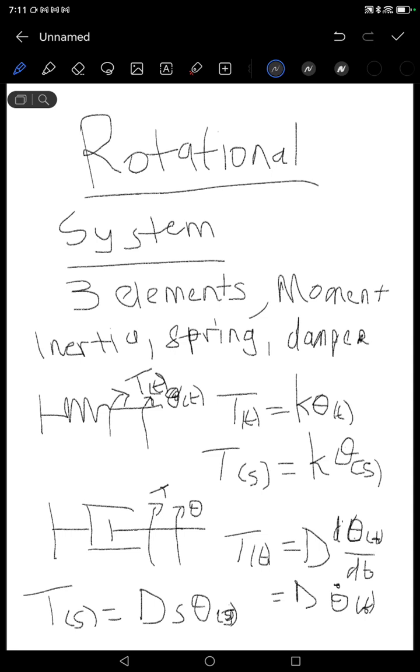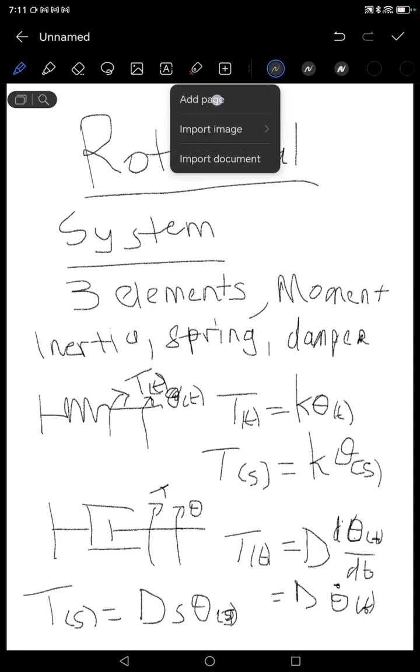Okay, and now let's say we are given an inertia. So if we are given inertia, our equation is gonna look like this. So let's say we have our inertia like this, and then we have the torque and angular displacement.